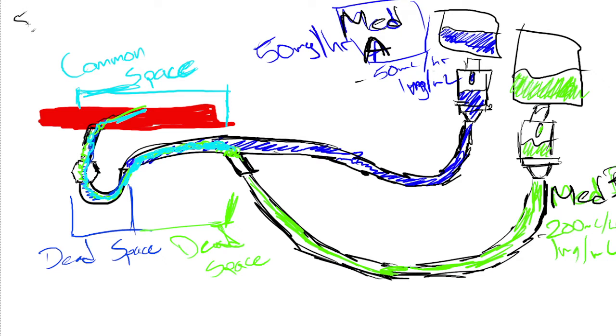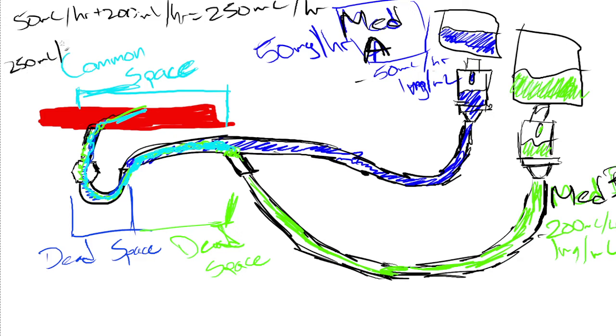So we'll do 50 mLs per hour plus 200 mLs per hour, which gets our rate at 250 mLs per hour. So our common space rate, I'll write this over here, is 250 mLs per hour off the get-go. If we have any kind of changes in the rates, that's going to throw this off.